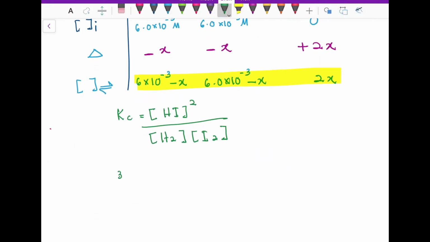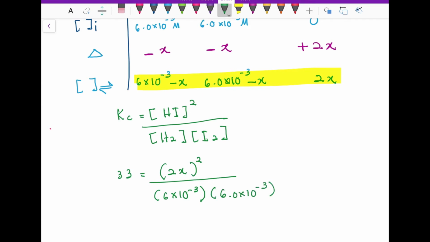So 33 is equal to 2x, the concentration squared, over 6.0 × 10^-3 minus x for hydrogen, and also 6.0 × 10^-3 minus x for iodine. Can you solve the quadratic equation? And finally you will get the x value, x1 and x2. Try to solve the quadratic equation.